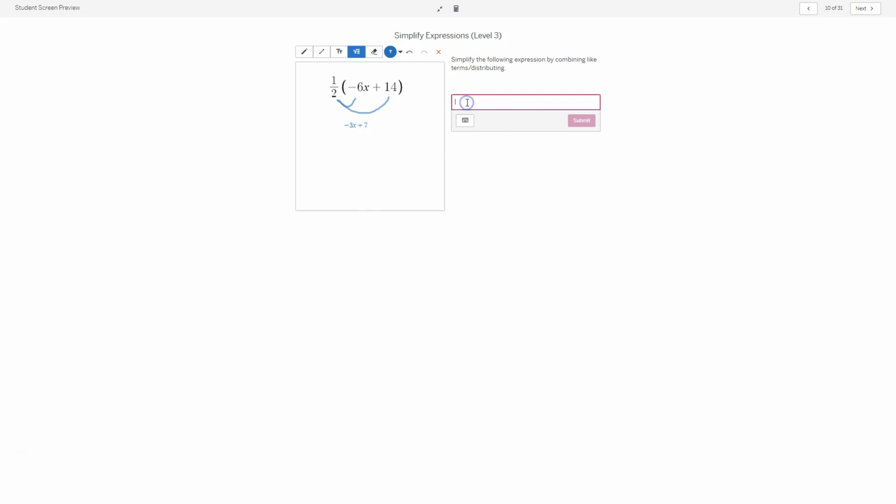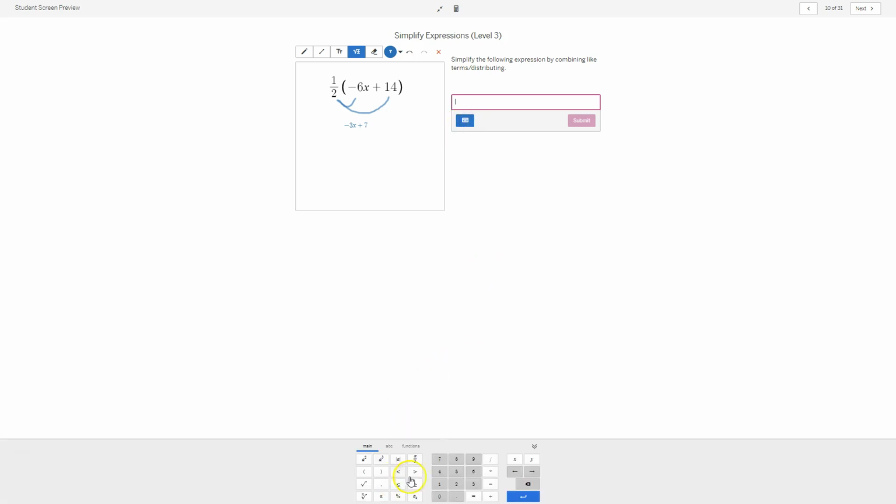I also wanted you to see that this little thing right here opens the keypad down here, because I think that on one of these problems you have an x squared, and I may not have shown you how to do shift 6 to get the square thing on there.